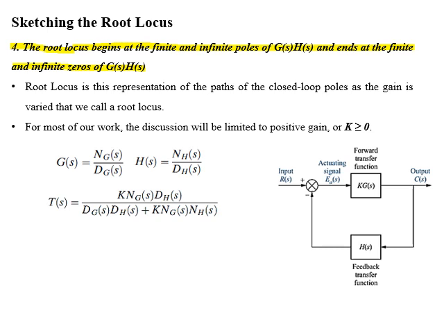Now if you look at the closed loop system given in the figure, its forward path system is represented by K G of S, where the feedback path system is represented by H of S. Now G of S is equal to Ng of S divided by Dg of S, and H of S equals Nh of S over Dh of S. Here N and D represent polynomials of numerator and denominator.